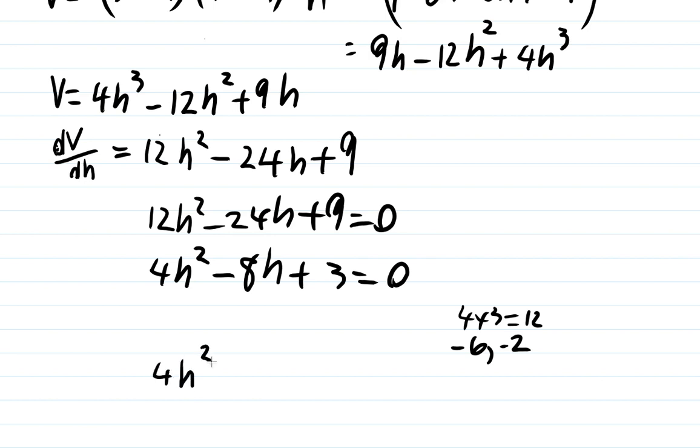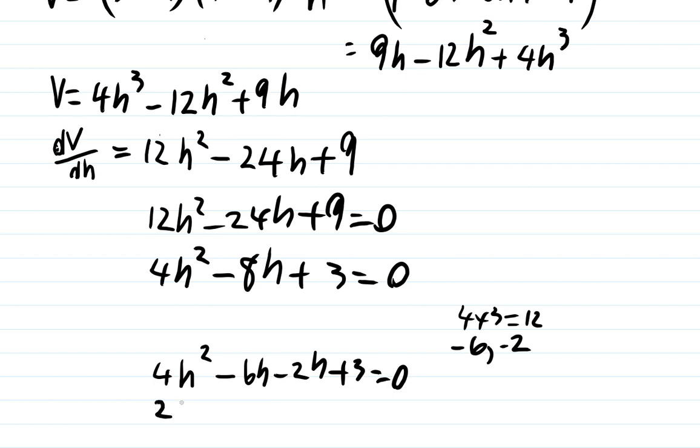So you have 4h squared. Let's split up the negative 8h into negative 6h and negative 2h. Minus 6h minus 2h plus 3 equals 0. Let's factorize now. The common factor here seems like 2 and h.